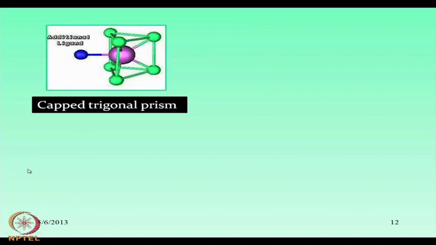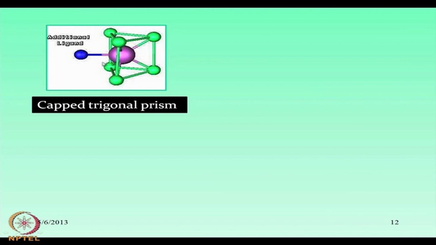So the first example, if we can see, is that of our capped trigonal prism structure. We have 6 such green spheres in our hand. So the coordination number using 6 such green spheres is 6, and we put the corresponding additional ligand, that blue ligand, as the 7th coordination.